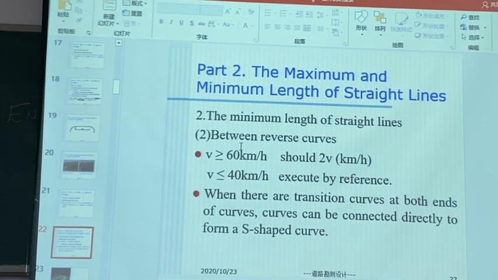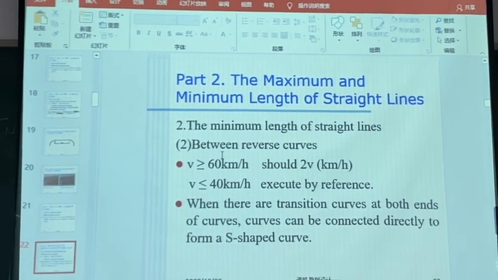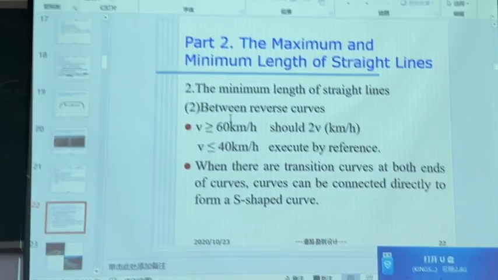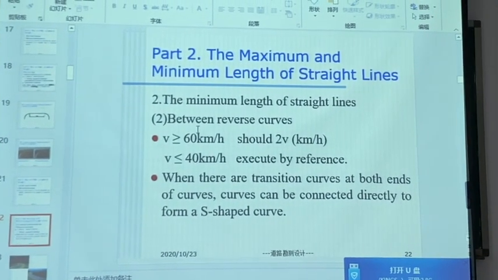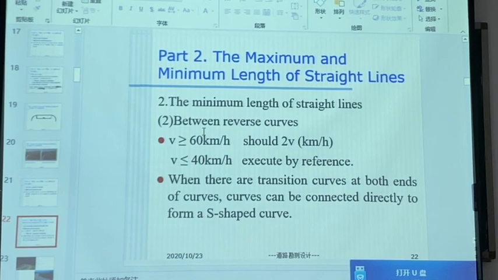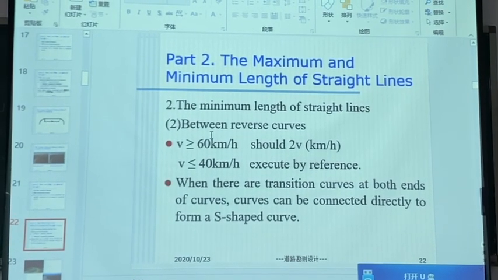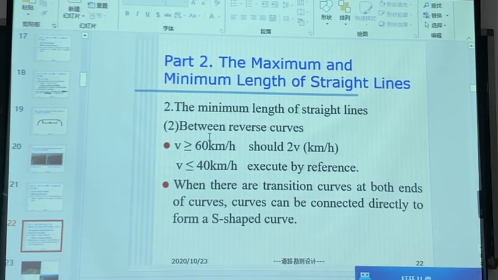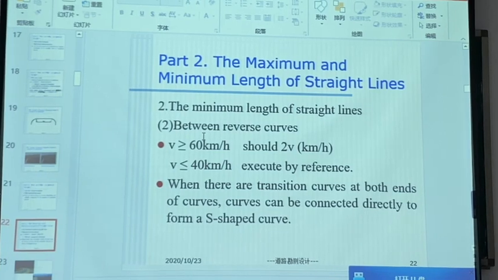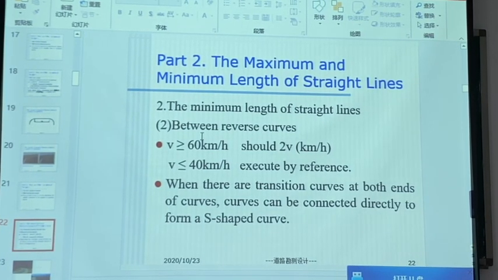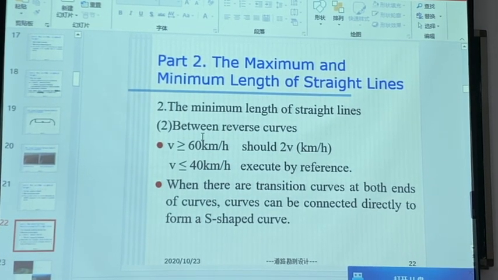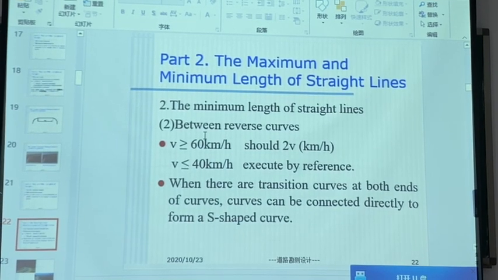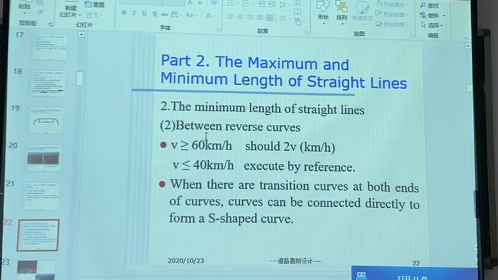This is transition curve T1. This is transition curve T2.